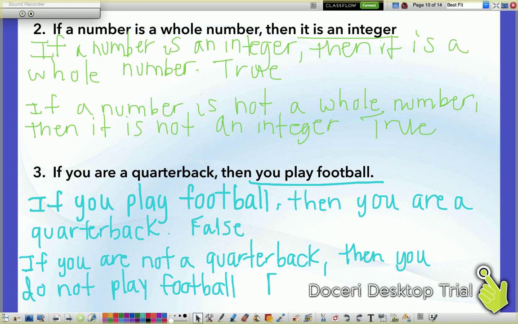Okay, that's false again. So notice, if the converse is true, the inverse is true. If the converse is false, the inverse is false. They go hand in hand. So I'm going to put wide receiver. That would be my counterexample of what I could be if I play football, but I'm not a quarterback.